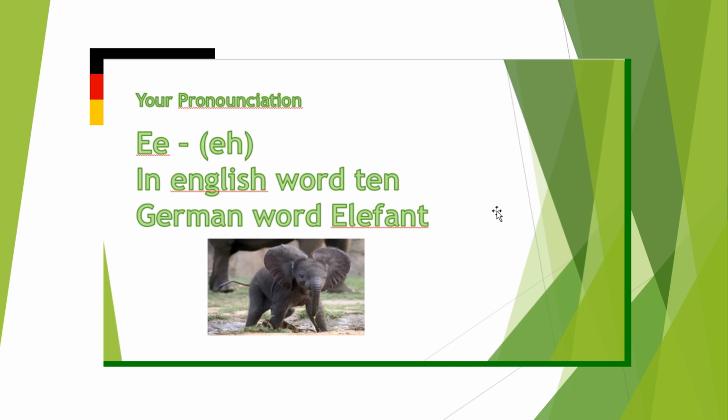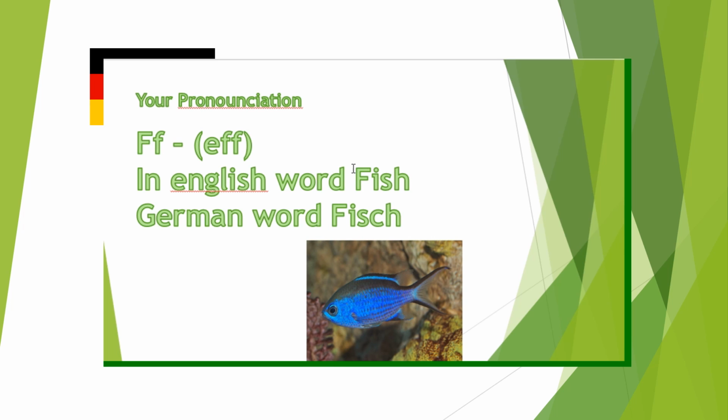E is pronounced as A, in the English word say, the position of the pronunciation of E in the English word ten. So the German word is Elephant. F of English is pronounced F in German, like the pronunciation of the English word fish. So in the German word, the same pronunciation as fish.